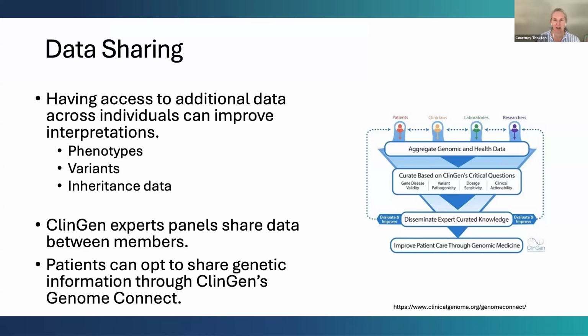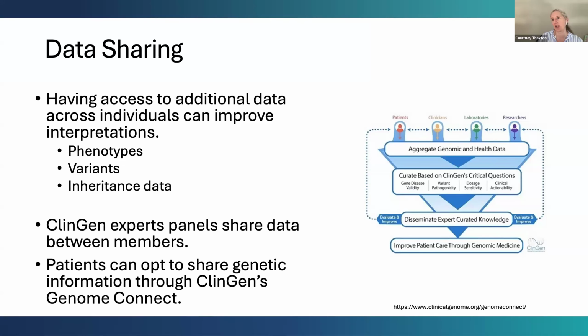As ClinGen is working, as we said, we publish all of the information out to be as transparent as possible. But certainly being able to get more data from resources like you all have at GGMC would be really wonderful, especially whether it's participating on expert panels, providing data that you can share to us. We also know that you can have patients that share data with us through ClinGen's Genome Connect.